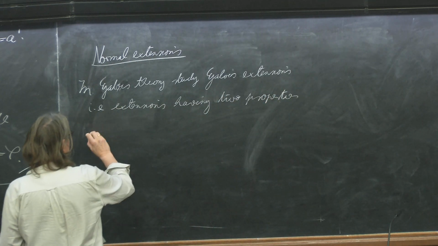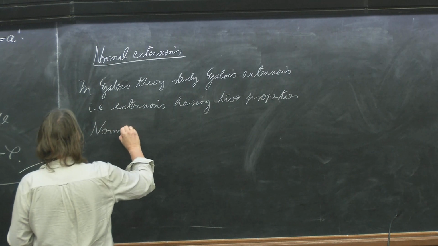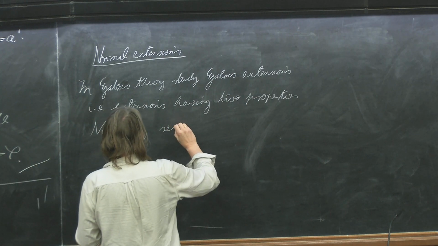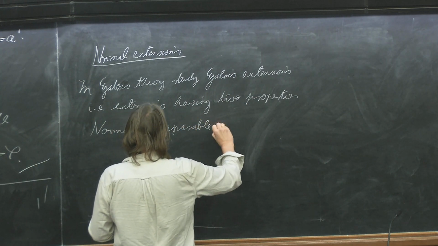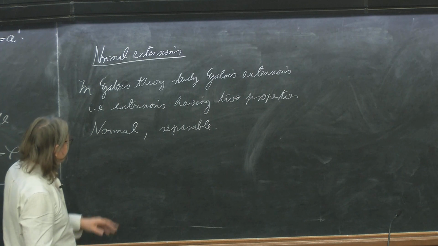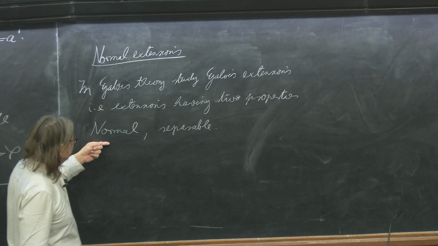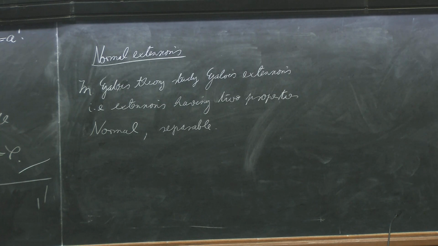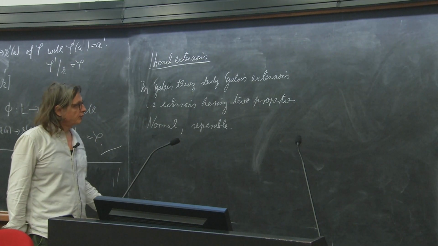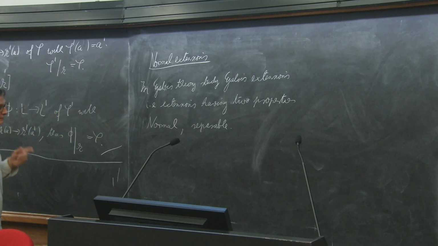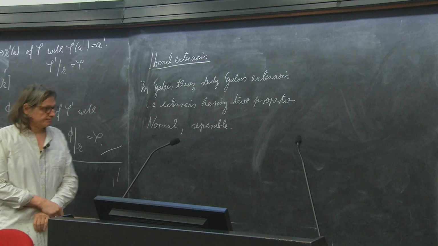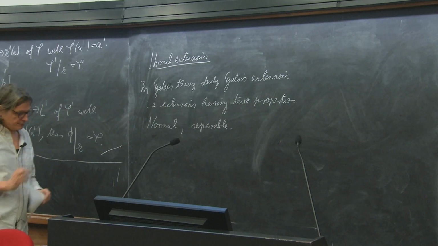One is being normal, that we will study first, and second, that it's separable, which we study next. So in a moment I give the definition of a normal field extension, which is not very intuitive, but at least for finite extensions, an extension is normal if and only if the bigger field is the splitting field of a polynomial with coefficients in the smaller field. So there's a simple criterion. And, well, then we come to the separable ones.